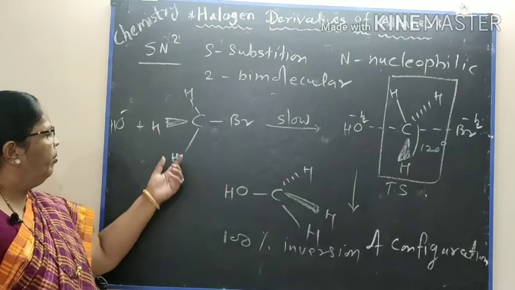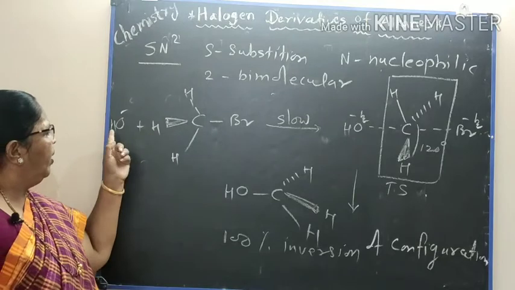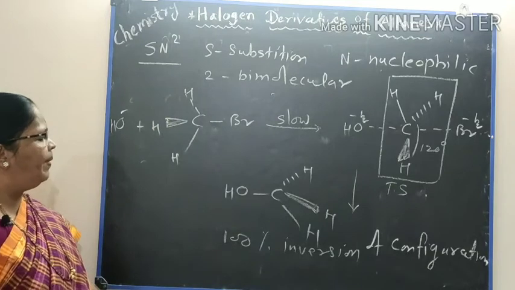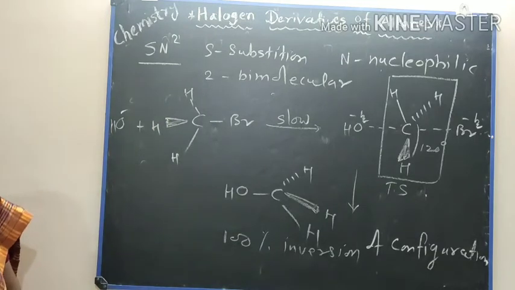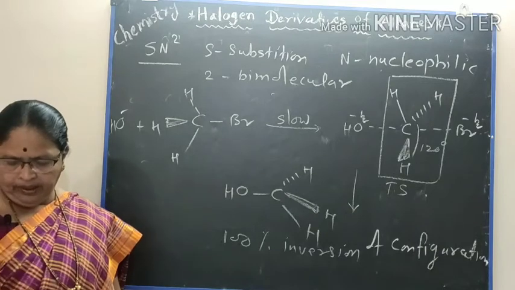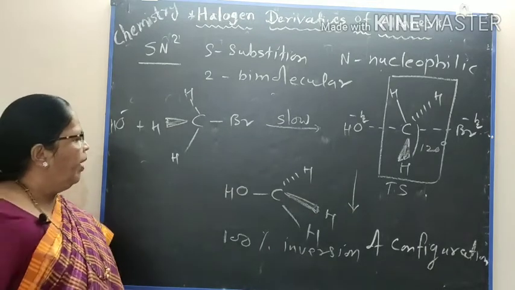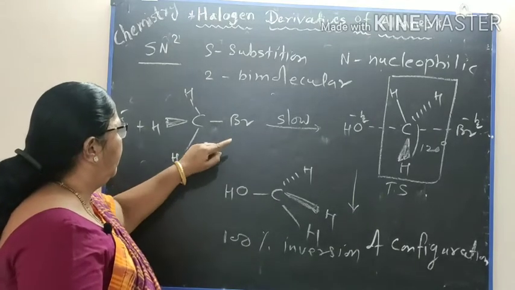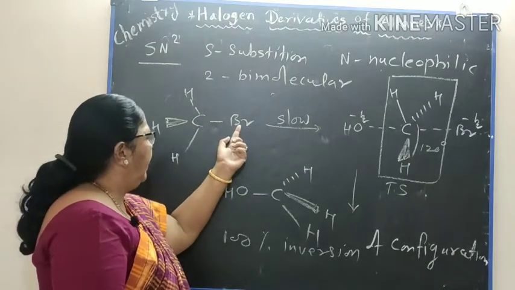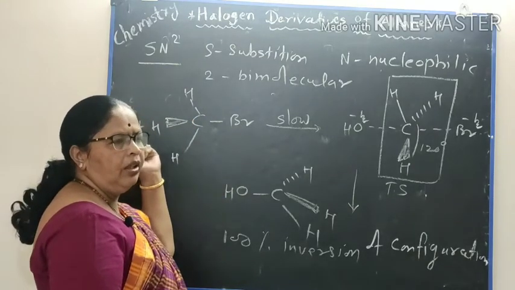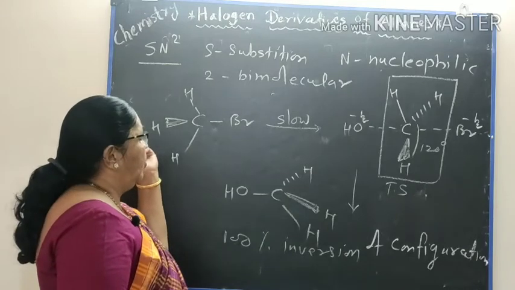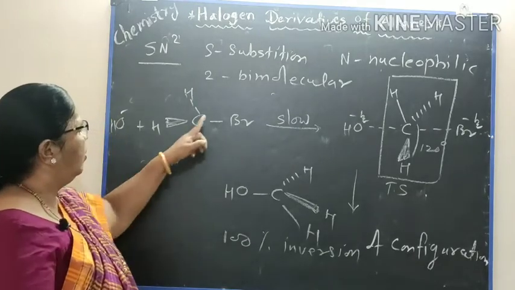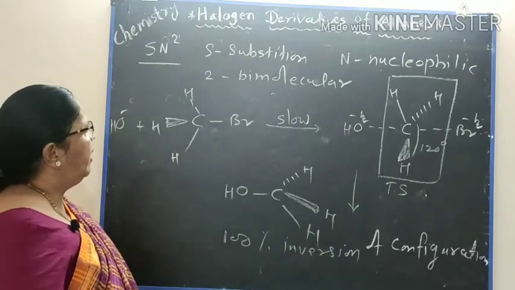Once again, see methyl bromide. The attack of the nucleophile takes place from the back side of the C-Br axis to minimize the repulsion, or steric repulsion. Br is an electronegative halogen atom, so it possesses negative charge, and the nucleophile, an oxygen species, is also negative, so there is negative repulsion. To minimize repulsion, the hydroxyl group attacks from the back side of the C-Br bond.